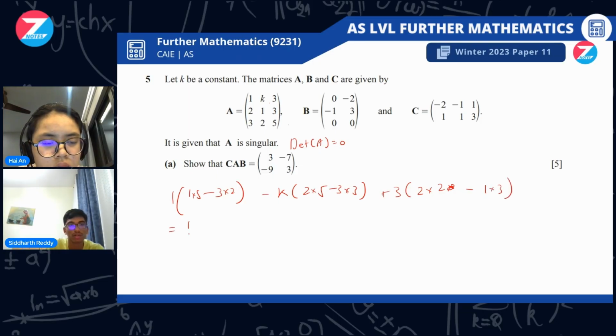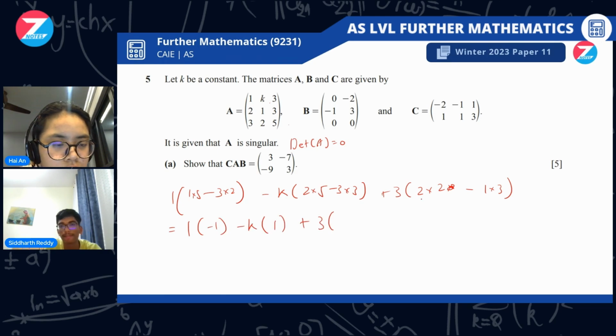That's just going to be 1 into 5 minus 6, which is minus 1, minus k into 1, plus 3 into 2 times 2 minus 3, that's 1. So that's minus 1 minus k plus 3. And just remember that this is supposed to be equal to 0. So minus 1 plus 3 is equal to k. So k is just equal to 2.